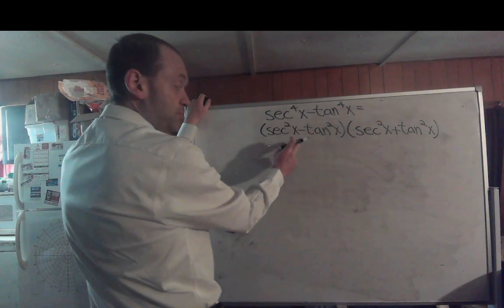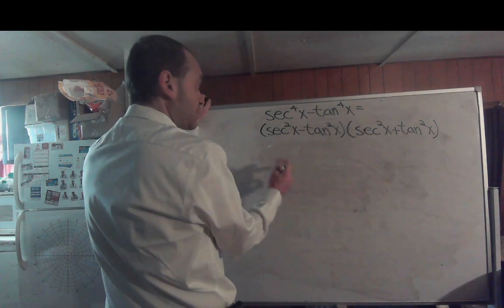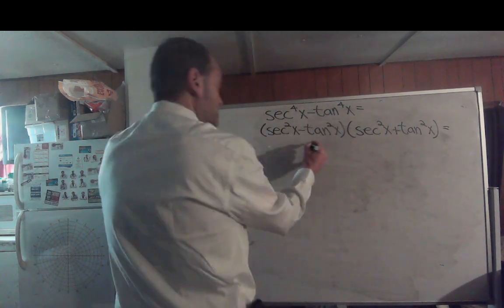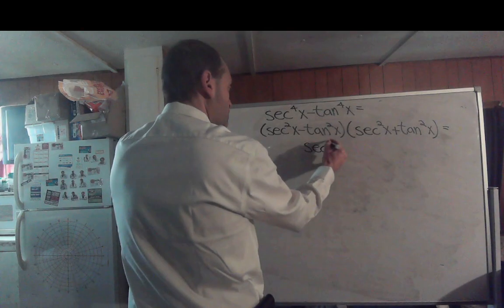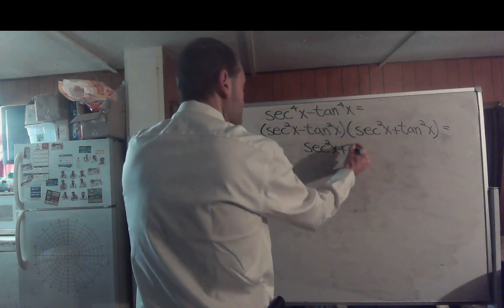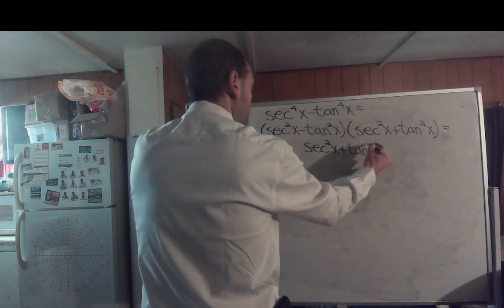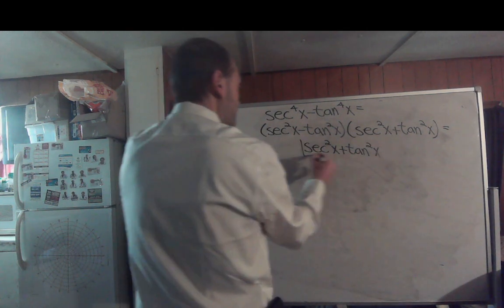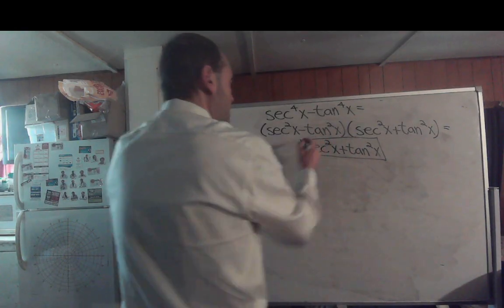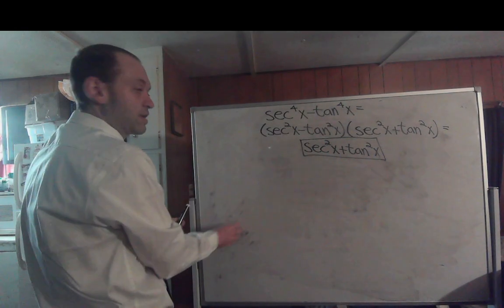Well, secant squared minus tangent squared just turns out to be 1. So this is just going to simplify into the secant squared of x plus the tangent squared of x. That would be your final answer.